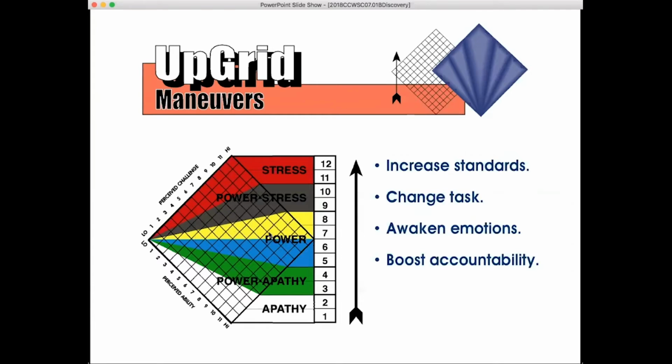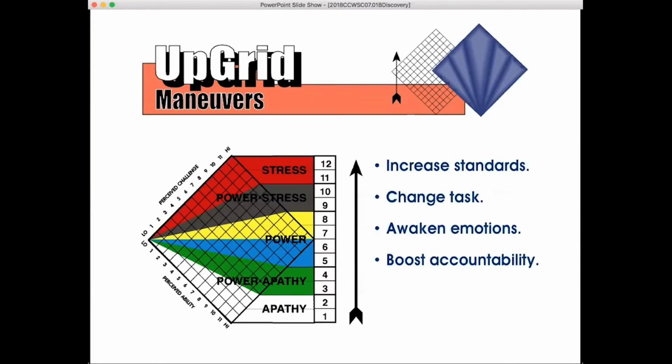And then we might want to move them in or out. In truth, in practice, you're doing these more as a blend, a custom blend for the client's specific situation. But the general spirit is first, let's get them out of stress or out of apathy. Now they're in the 3 more productive levels of tension. And so now let's start adding the in-grid and out-grid maneuvers.